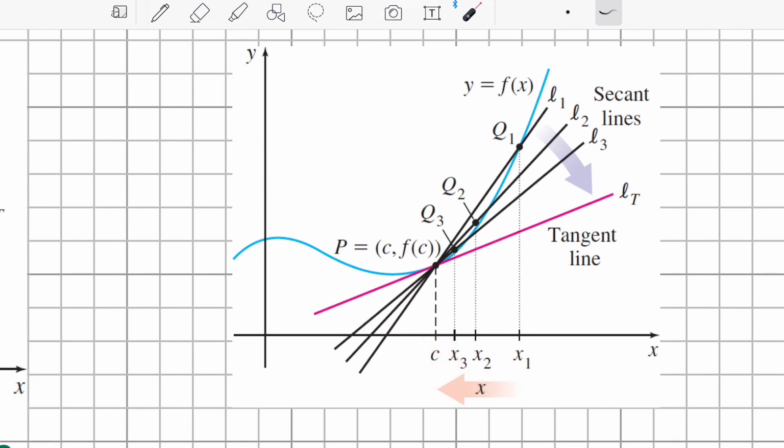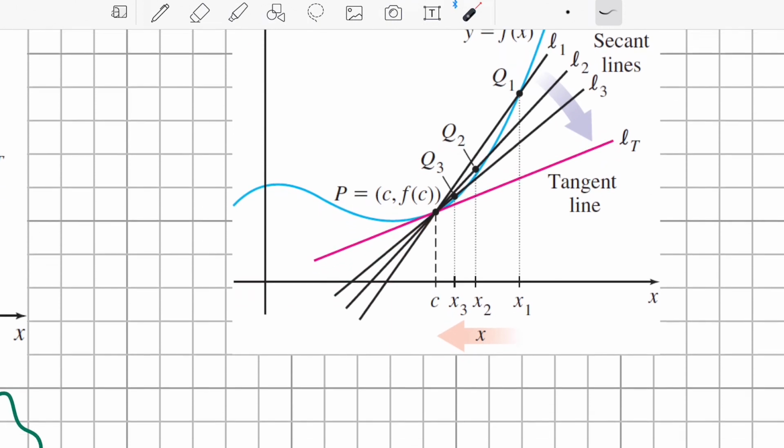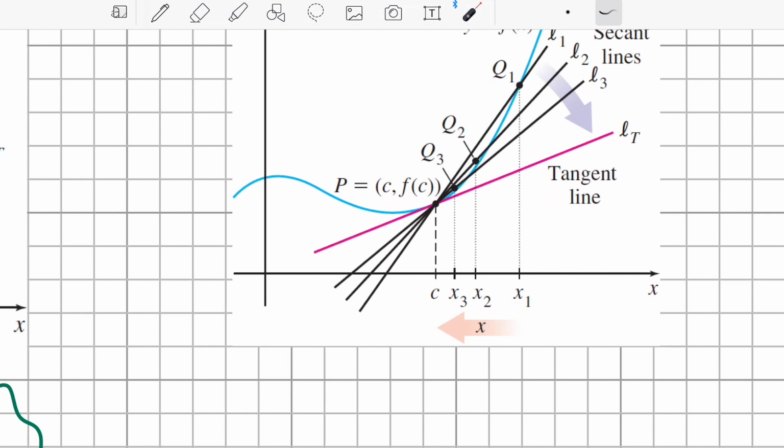So imagine the secant line moving towards the tangent line, which becomes the limiting position, meaning the secant line is going to get really close to it. As the secant line gets closer and closer to the tangent line, the slope of the secant line approaches the slope of the tangent line.